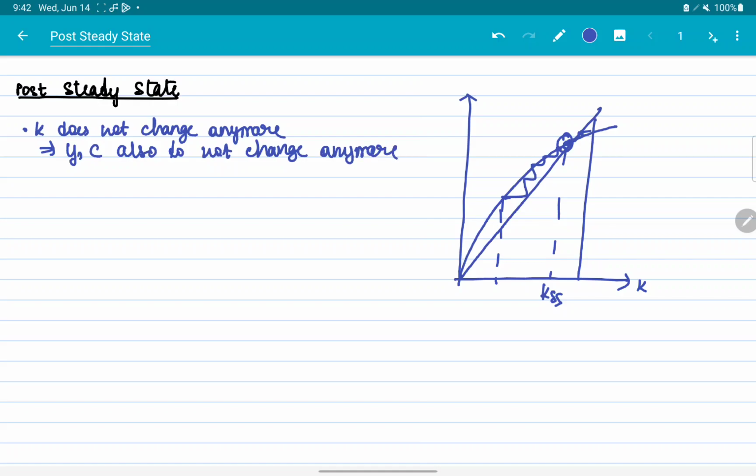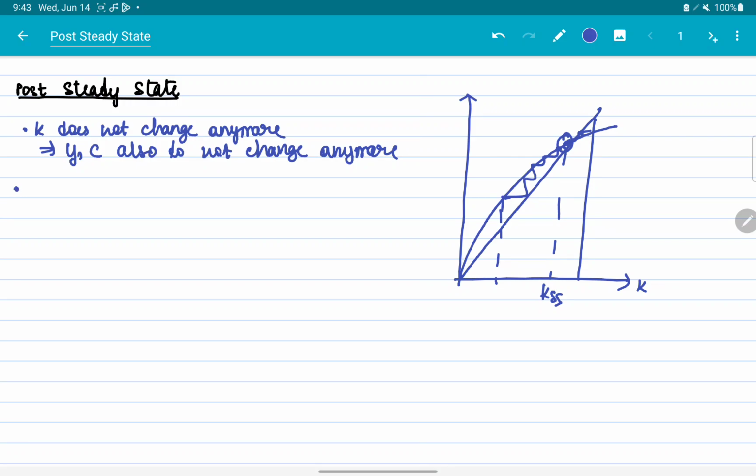Which is to say that this economy has no hope of long run sustained increases in living standards, because output per capita is going to stagnate after a while. So till you have reached steady state, sure, small k increases, small y increases, small c increases, but eventually you're going to reach the steady state, and after that these things can no longer change.